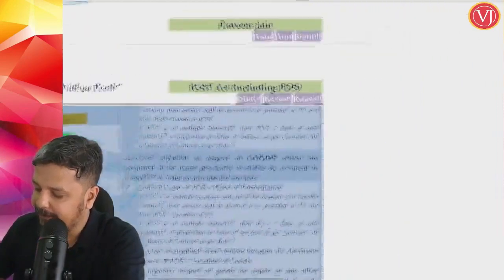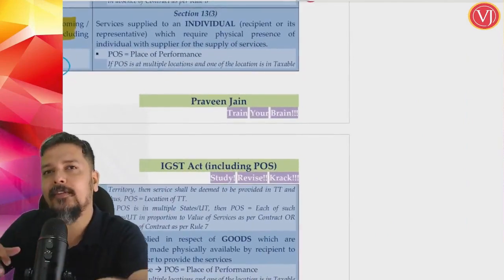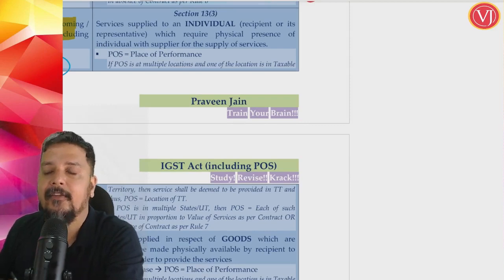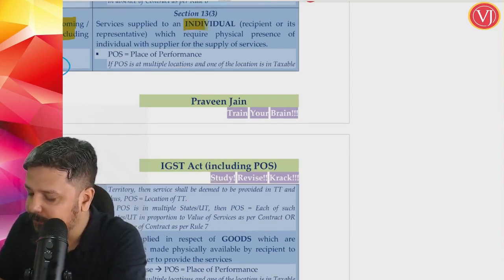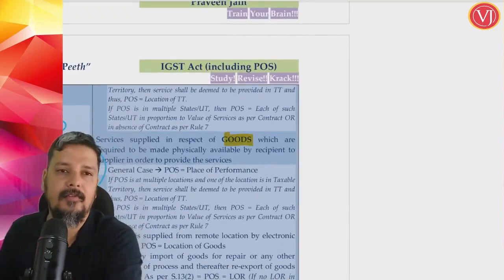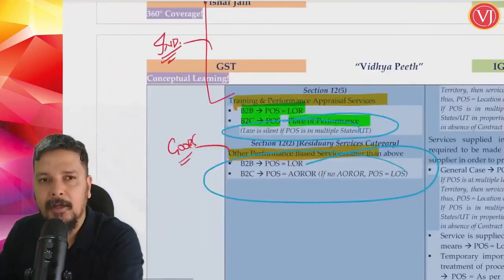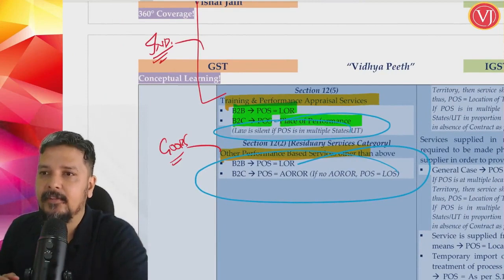What if LOS is outside India or LOR is outside India? Then they split between two. One, you're talking about performance on individual. Two, you're talking about performance on goods. Here also we split that into two. Performance on individuals were covered, but with two different answers.